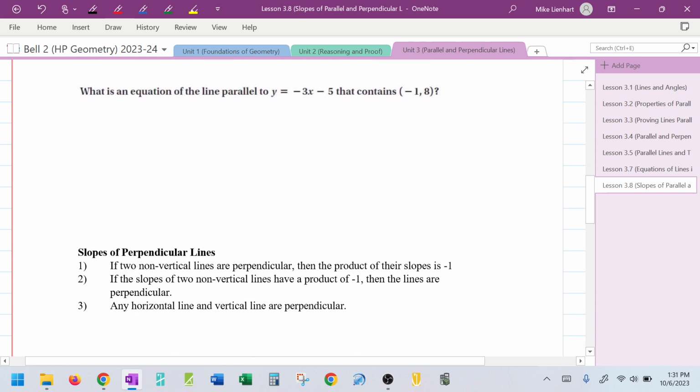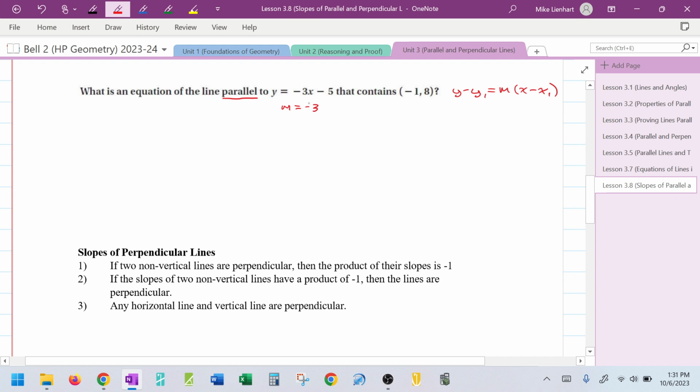All right? So let's take this a step further. What if they want us to write the equation of a line that is parallel to this given line and contains this point? Well, we learned in the past we have this formula, y minus y1 equals m times x minus x1, or point slope form. But what I need is the parallel slope, the slope of the line that will be parallel to this given line.